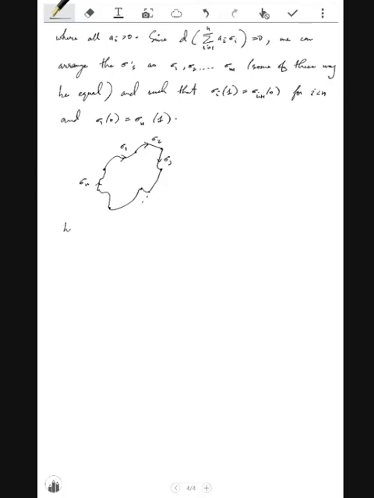So let alpha be a path from x naught to sigma 1 of 0.